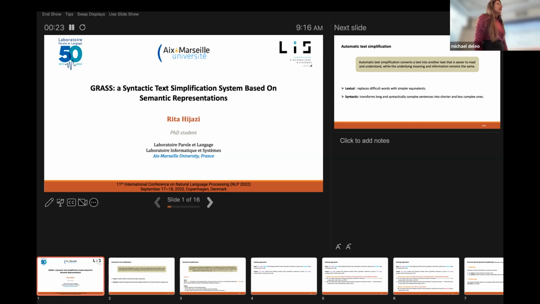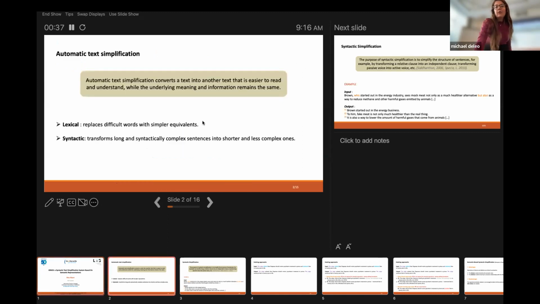I'm working on a syntactic text simplification system that uses a semantic representation. So I will start by defining what text simplification is.